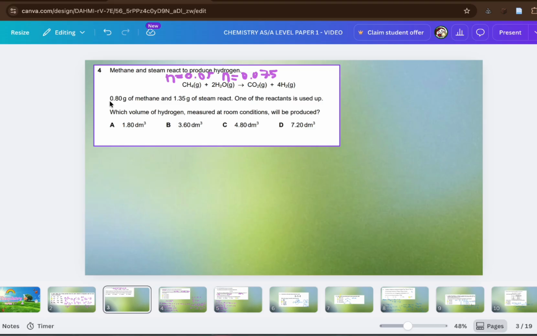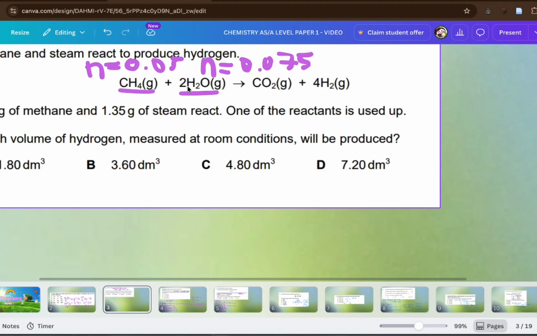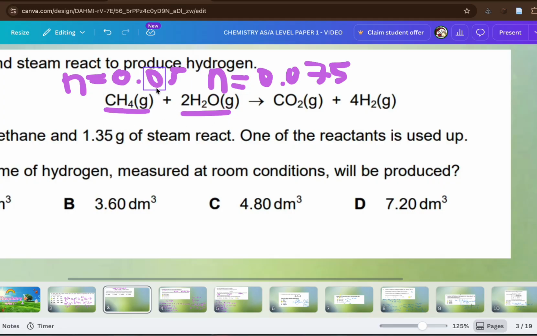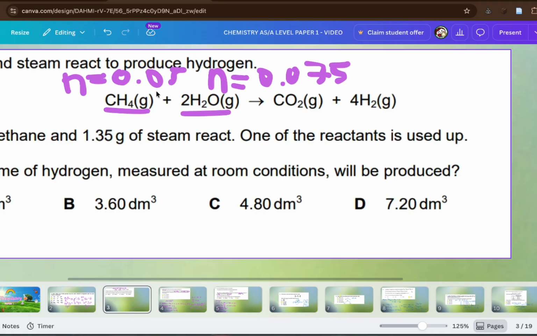We see that in the reaction here, the steam is twice as much as methane, which means it will take twice the amount of steam to use all of the methane, which is 0.10 if you multiply 0.05 by 2. However, we see that steam only has 0.075, which means that steam will run out first. Thus, steam is our limiting reactant here.